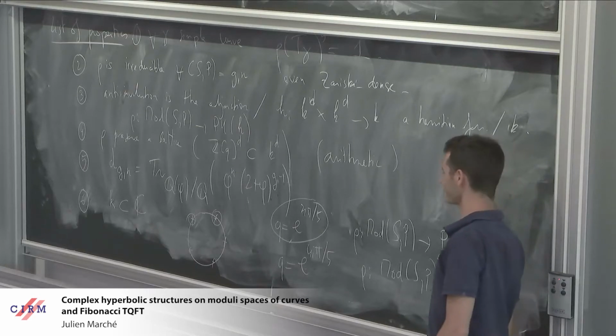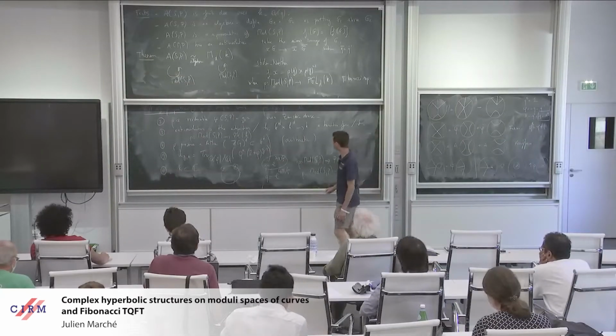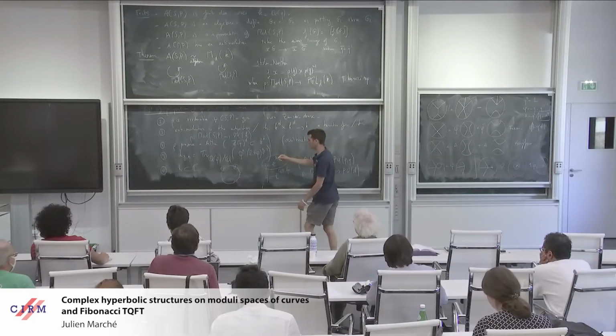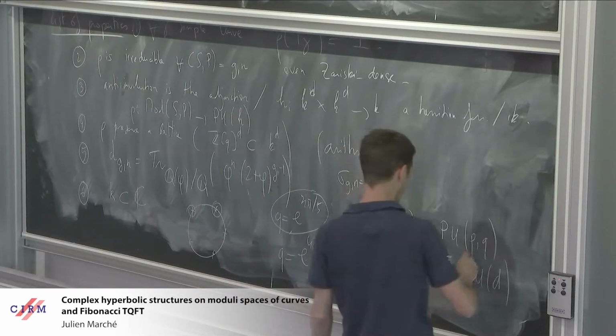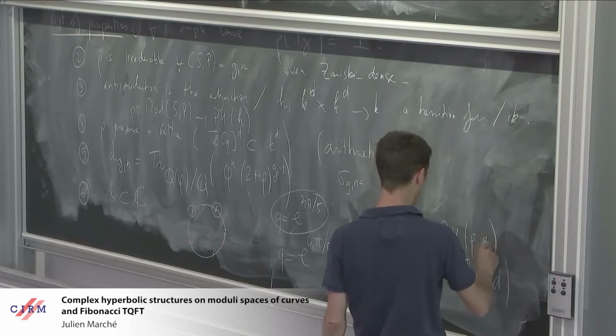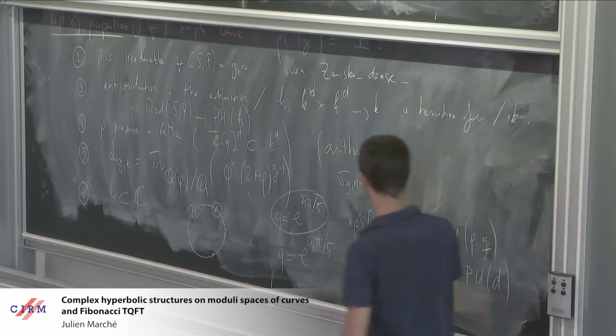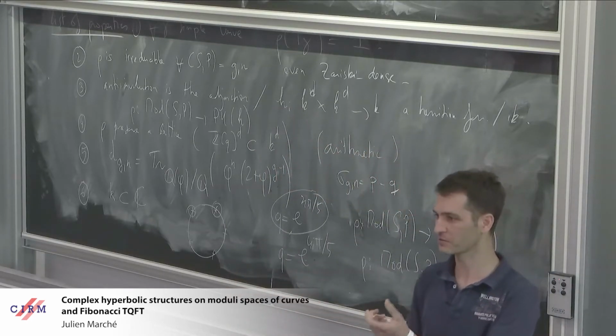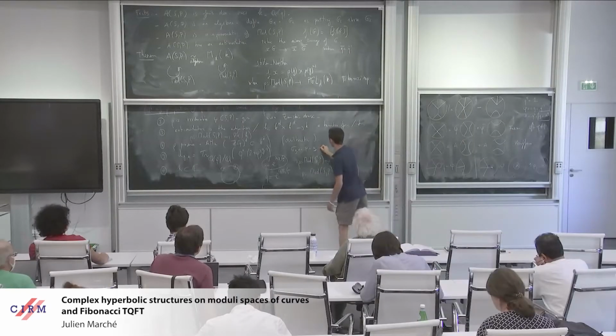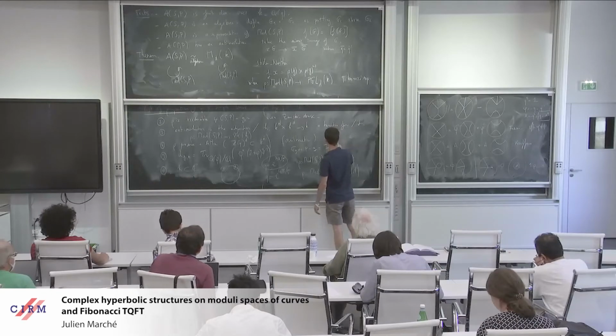Okay, and I can give you the signature, let me write it here, sigma of g,n, which is p minus q, and the signature depends on g and n, and the formula is the following.